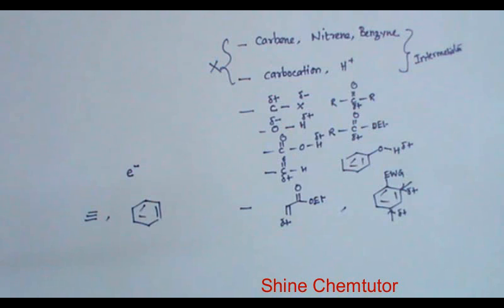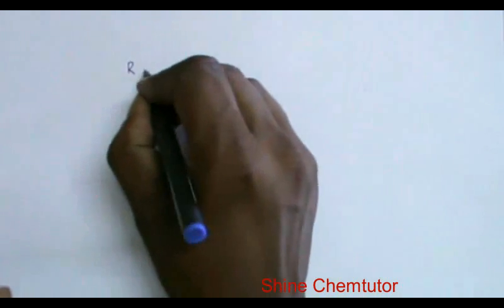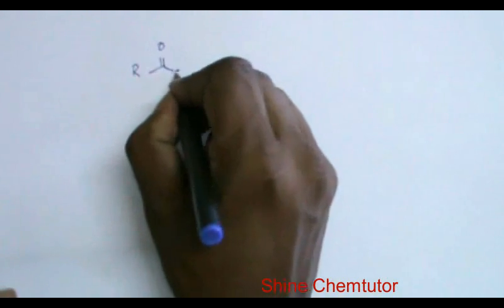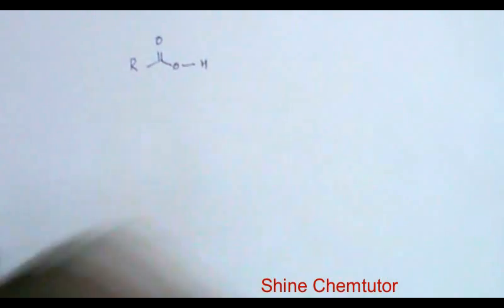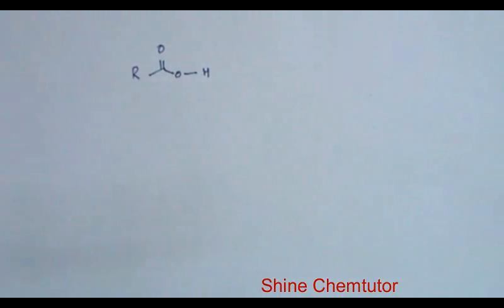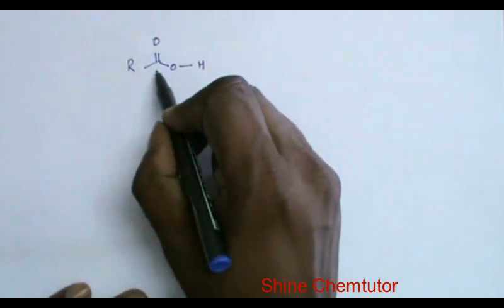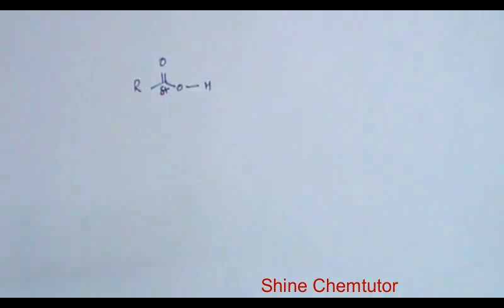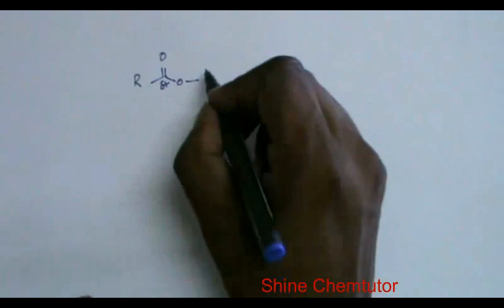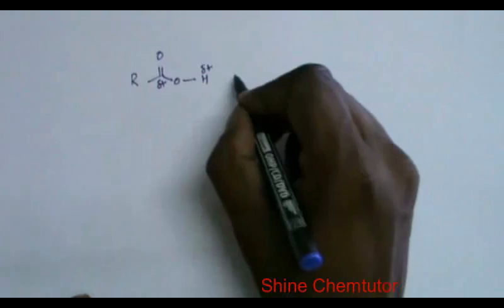Now let us discuss one by one. First, I go for acid. In carboxylic acid, we have del plus on this carbonyl carbon. Also, we have del plus on this hydrogen because oxygen is more electronegative. Now what happens when I add lithium or sodium to this?